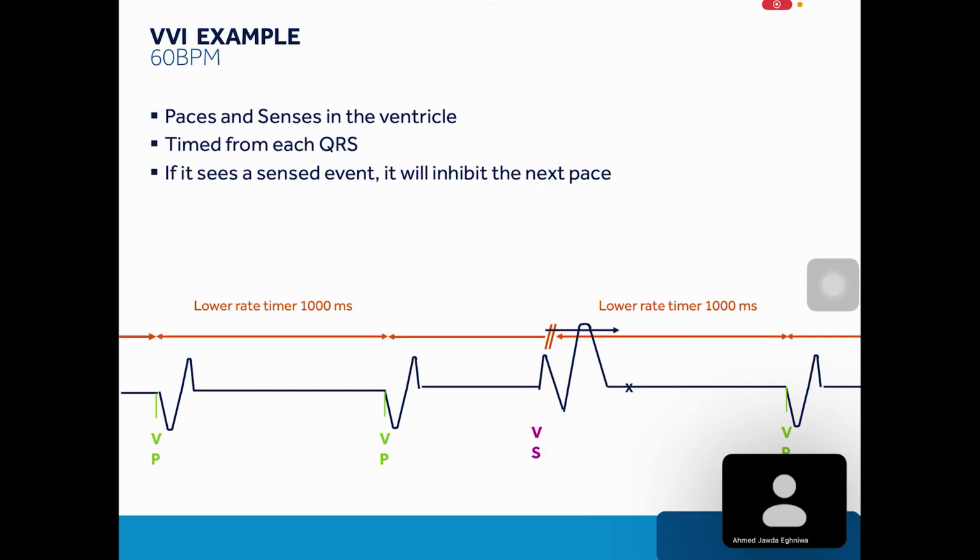We rarely use this mode. The only case we use VVT mode is if you sense an event that is not a right event, it is oversensing or noise, and I inform the pacemaker with T to trigger pacing, not inhibit the pacing. Clear or no?